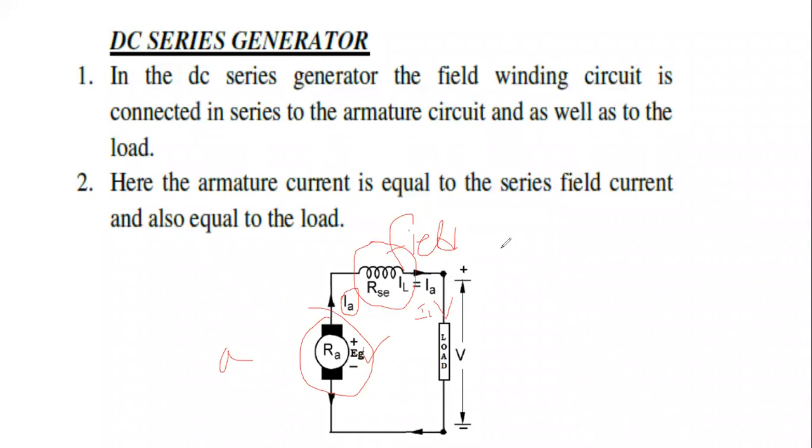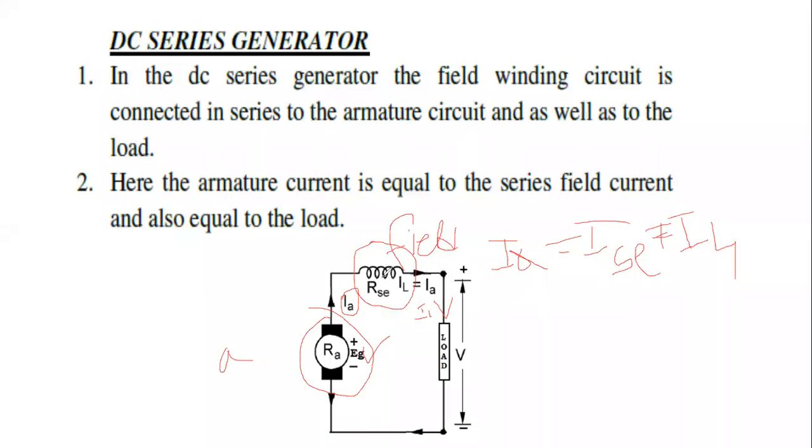First, write down the current formulas. In the case of a series generator, the armature current IA is equal to ISC, where ISC means the series current, and IA is equal to IL, the load current.